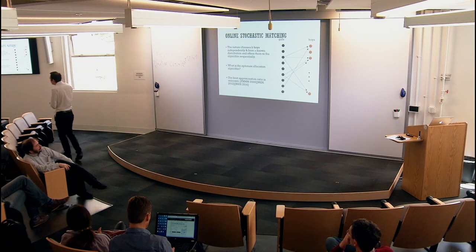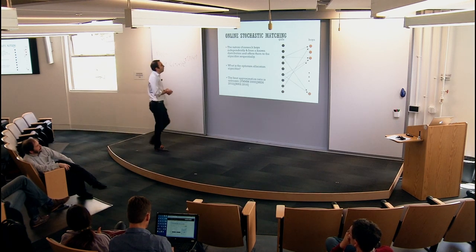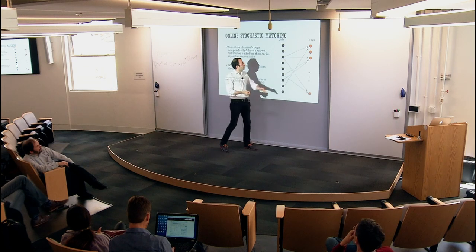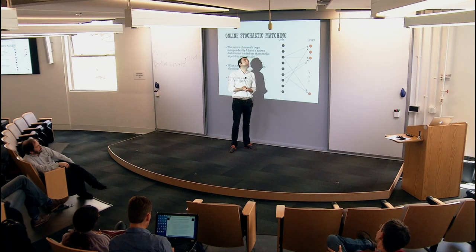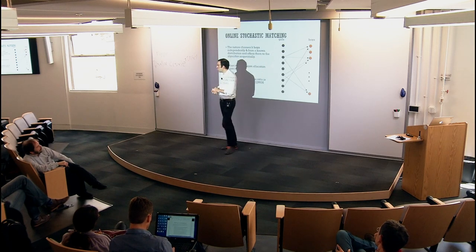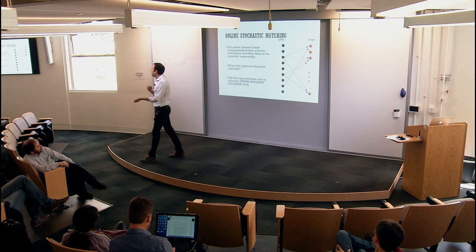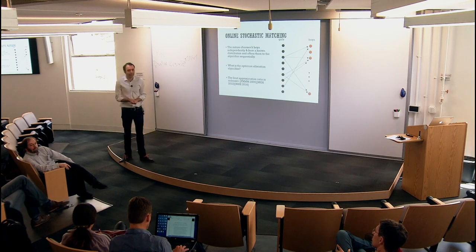Yeah. There are also versions in which you don't know the graph, but you just know that the set of boys are given to you in a random order. But this is the simplest model.